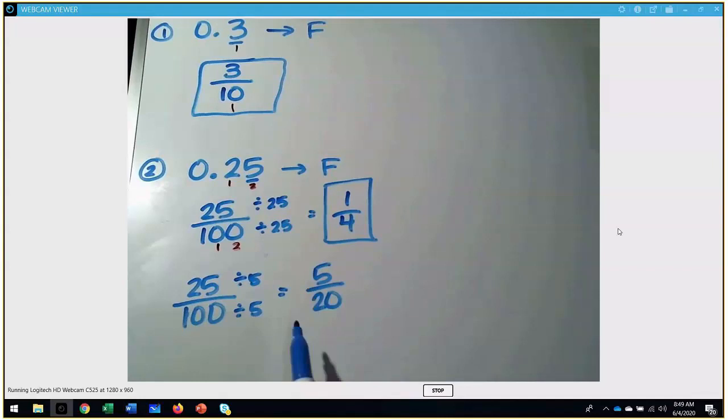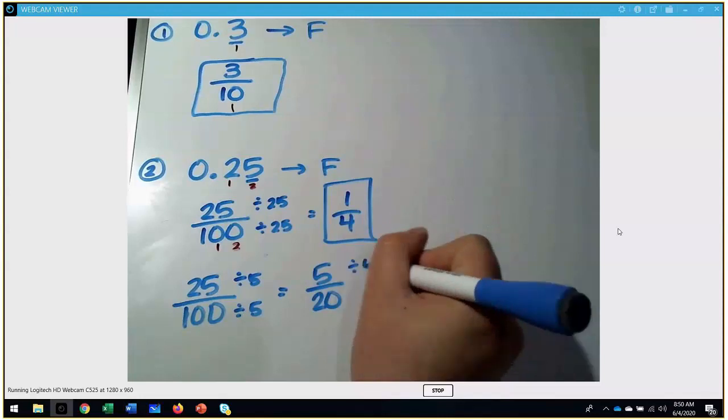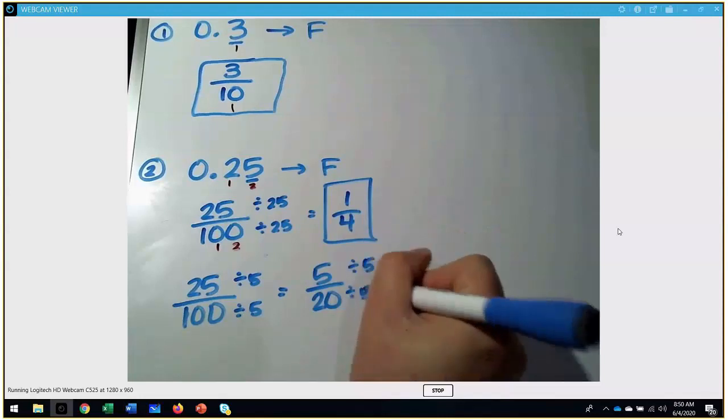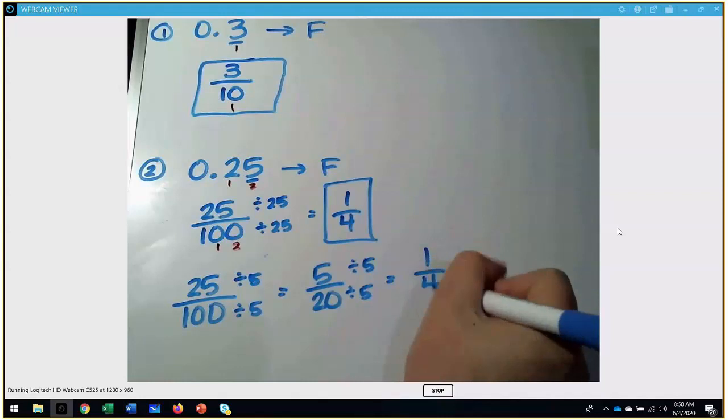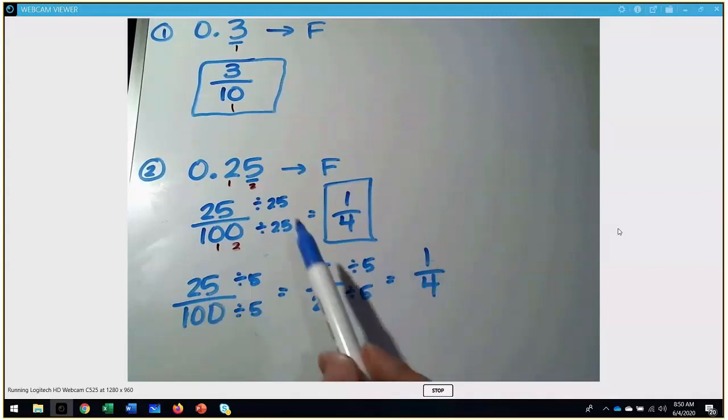The issue is this is not done yet. If you want to do it, you need to divide these both again. The bottom line is, as long as you continue to go as far as it goes, you'll get the same answer whether you have to do it in several steps or just in one step.